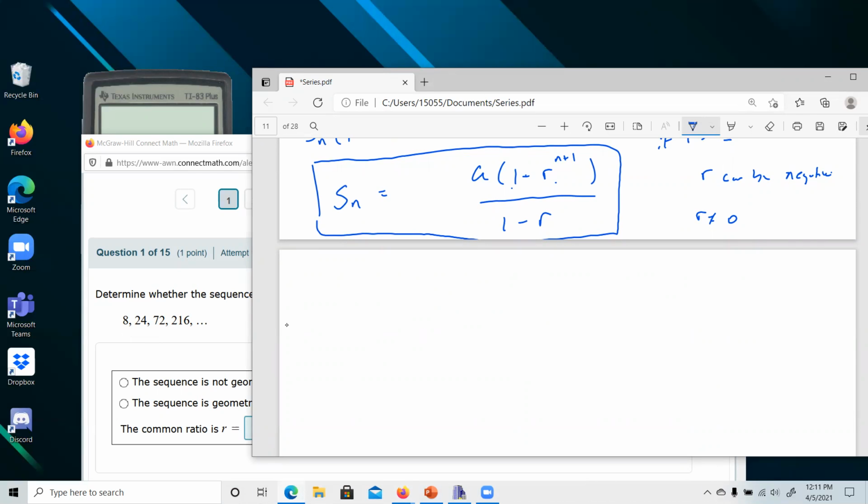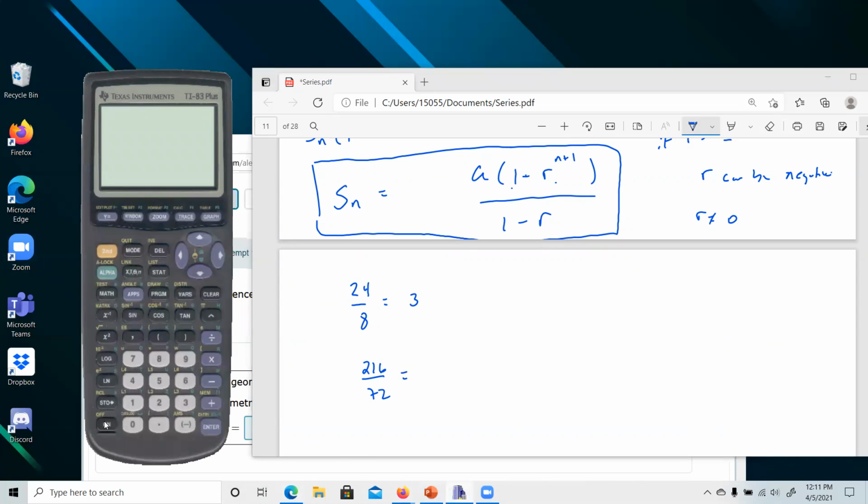But let's just check. Is 24 divided by 8, right? That's 3. And what's 216 divided by 72? I don't know offhand. I suspect it's 3, but 216 divided by 72. Hey, look at that. There's 3.